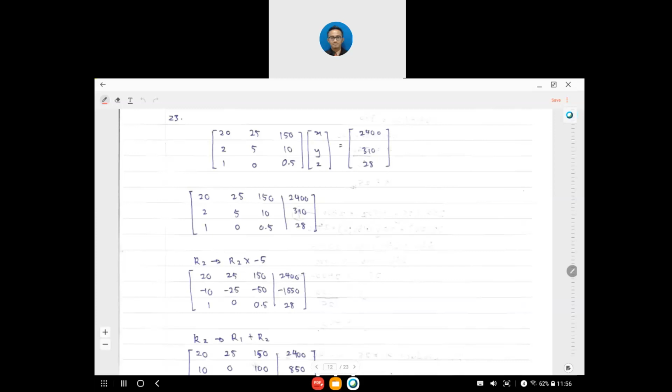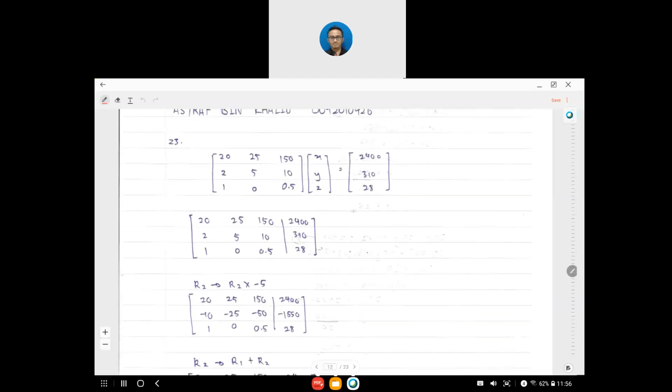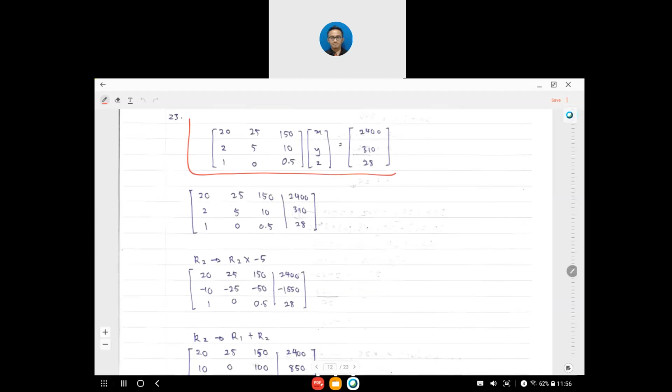But the most important thing, okay, before you write in this value, awak kena tulis dulu dalam bentuk linear equation. Okay, jangan tulis macam ni, which is 20x plus 25y plus 105z equal to 2400.